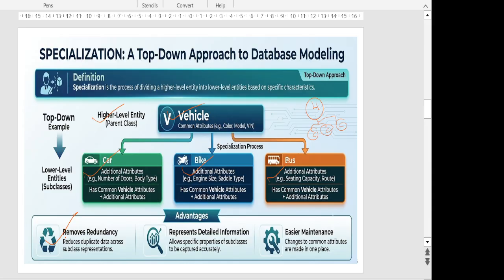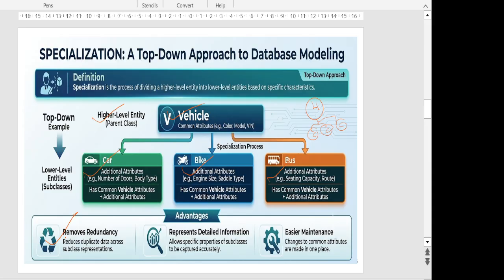Because you are dividing the high level entity into lower level entities, in a lower level entity we add some more additional attributes, right? So automatically it represents more additional information, and you can understand it comprehensively in a better manner. That's the reason it represents the detailed information.